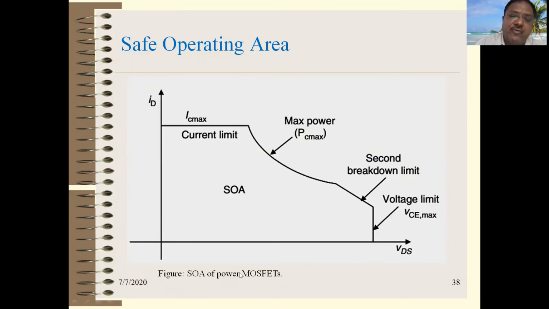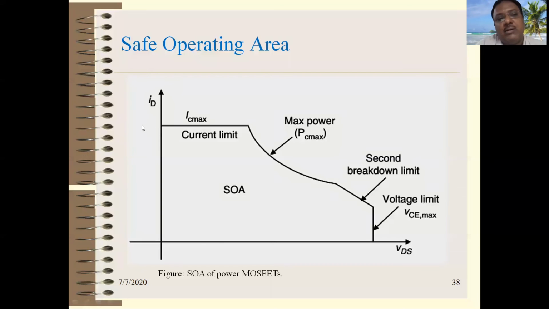Every manufacturer gives this graph with these values in their data sheets. If you download any power MOSFET data sheet, you will check the values of ID max, P max, then secondary breakdown voltage, or maximum voltage limits. Everything is given. So we have to consider these values when using power MOSFETs in our circuit.